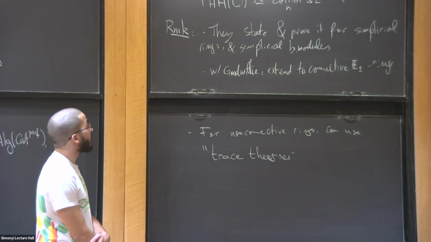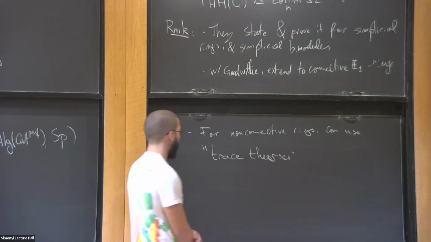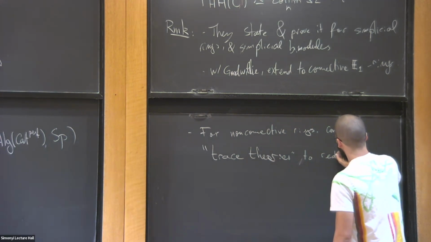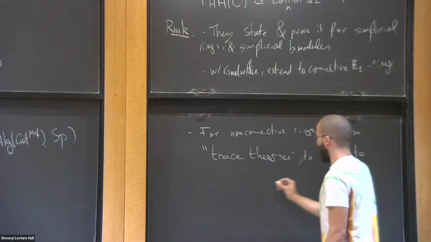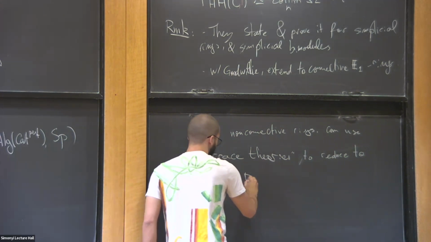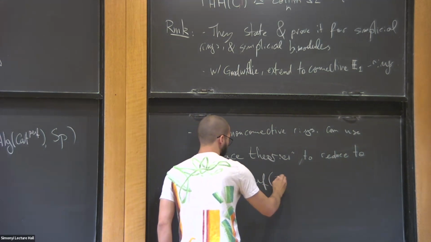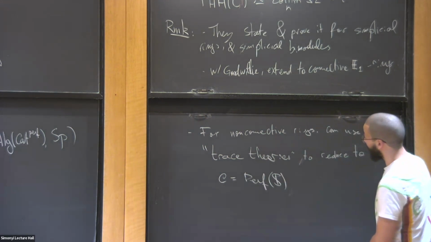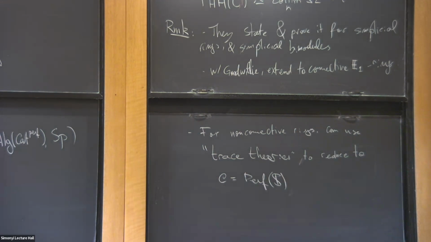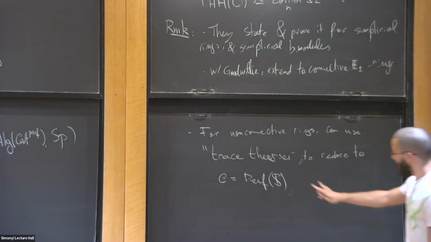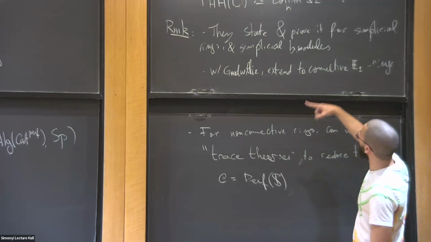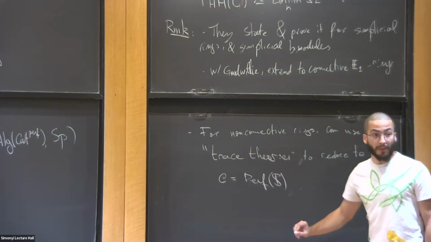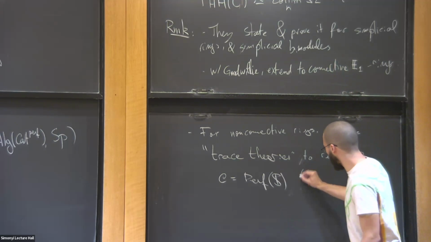In fact, you can reduce it to the sphere spectrum, to C equals perfect complexes over the sphere spectrum. That's actually enough to prove everything. And in this special case, it's actually earlier than the Dundas-McCarthy. In this special case, it's due to Goodwillie, as far as I know.